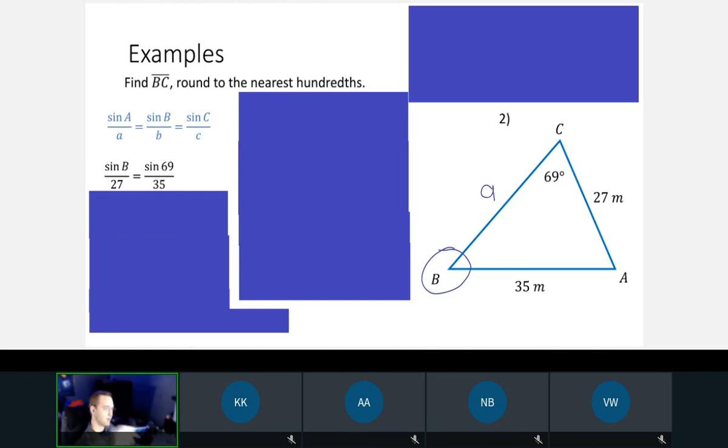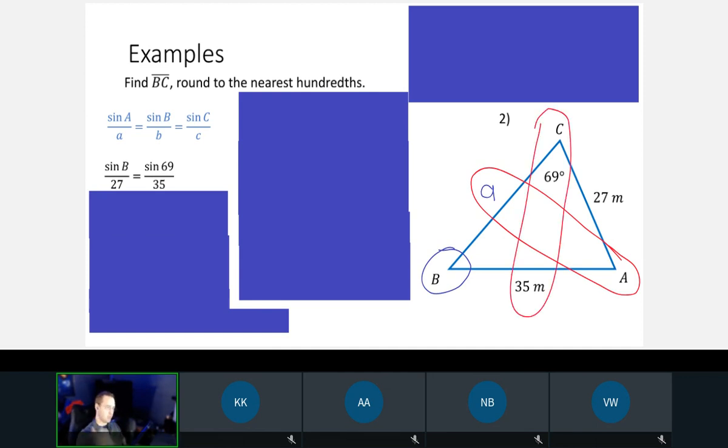This is opposite of angle A. We couldn't use law of sines right now because we don't know what angle A is. Law of sines right now would not work because we have two variables in this scenario, little a and big A. So that's why we couldn't use that.